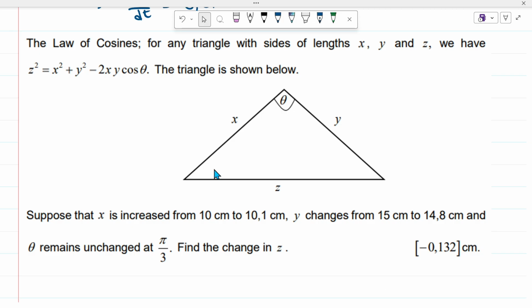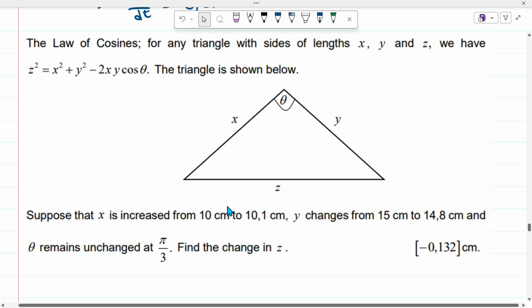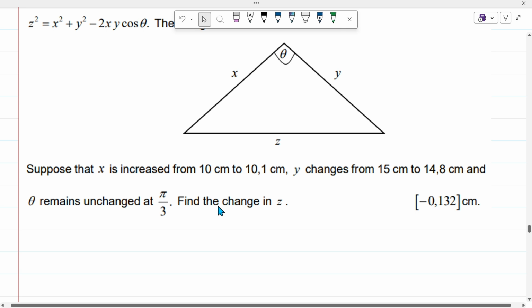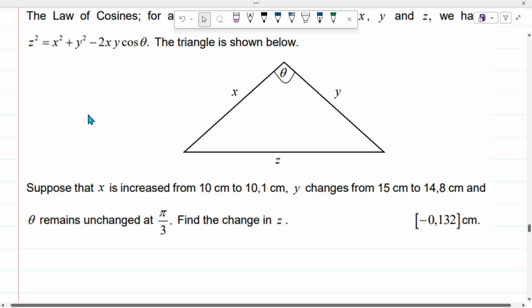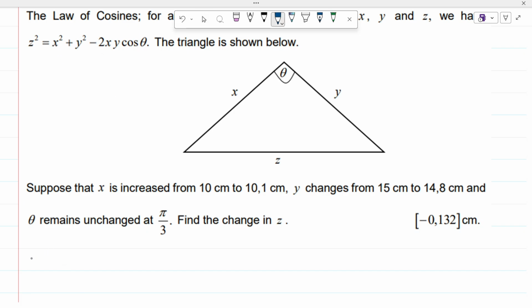So we should find the small change in z, right, with the use of the formula that we are given. So before we do the partial derivative, I just want to rewrite this given formula of z. I just want to make z the subject of the formula instead of z squared. So meaning that I'm going to square root both sides. So let's go.